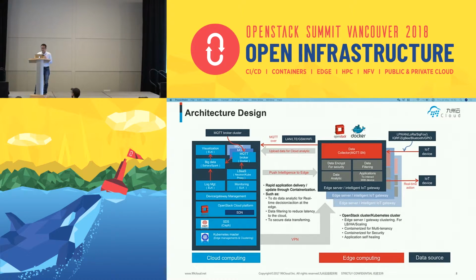And the cloud computing will collect all the data, do more complicated analysis, and push the intelligence back to the edge to update all the models and some data in the edge computing infrastructure.